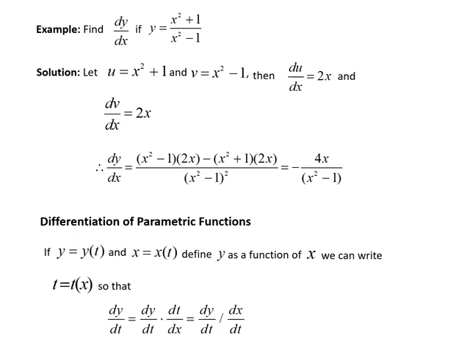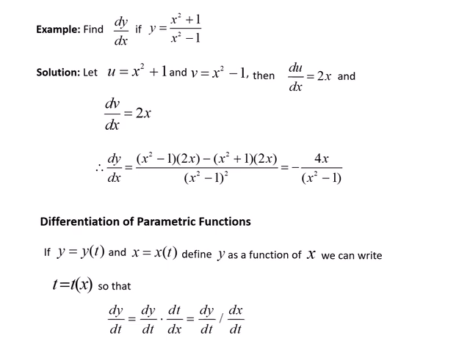And also the denominator, which we represent as v, which is s squared minus 1. We now want to differentiate it. dv/ds is equal to 2s.